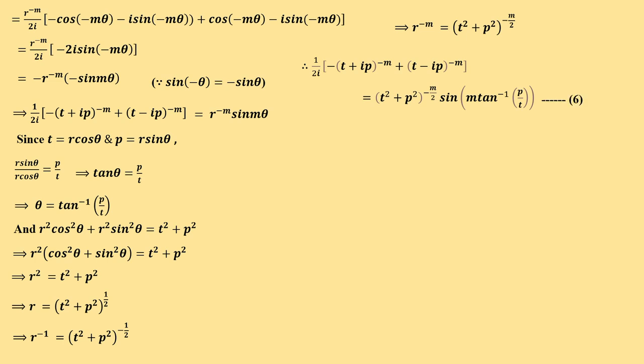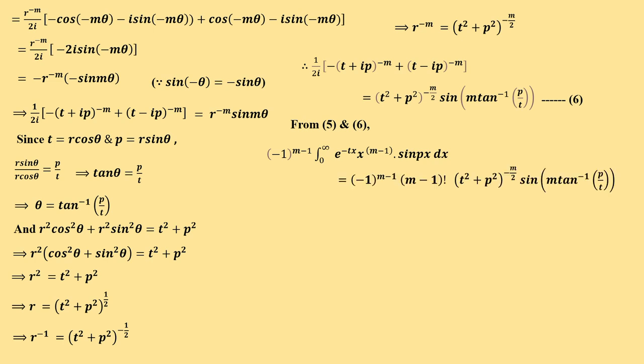That is equation number 6. From 5 and 6, (-1)^(m-1) integral 0 to infinity e power minus tx x power m minus 1 sin px dx is equal to (-1)^(m-1) (m-1) factorial. We are substituting from equation number 6, (t square plus p square) whole power minus m by 2 sin(m tan inverse of p by t).